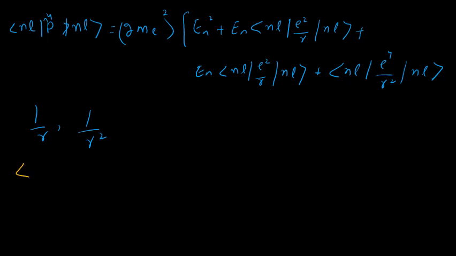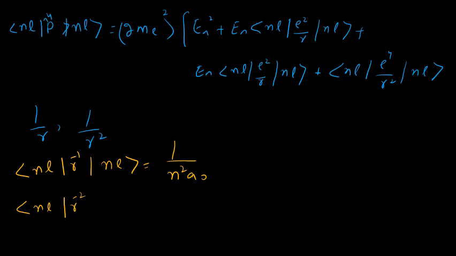The expectation value <nl|r^-1|nl>, that is 1 over r, is equal to 1 over n squared a naught, and the value of <nl|1/r^2|nl> is equal to 2 divided by n cubed into (2l plus 1) into a naught squared.